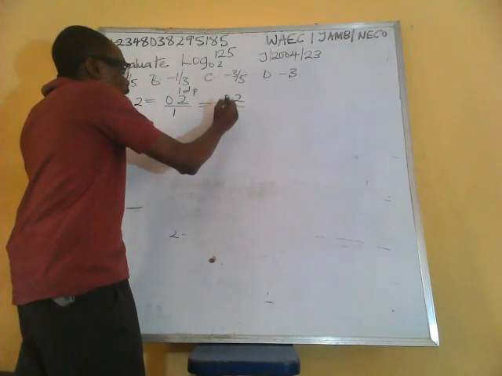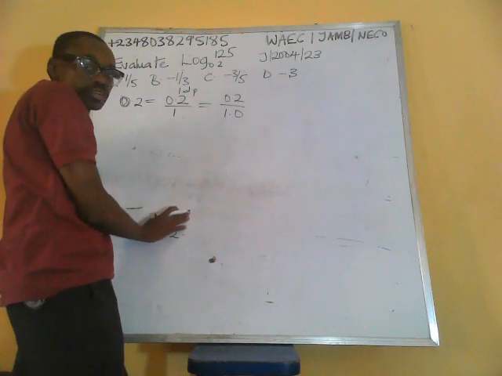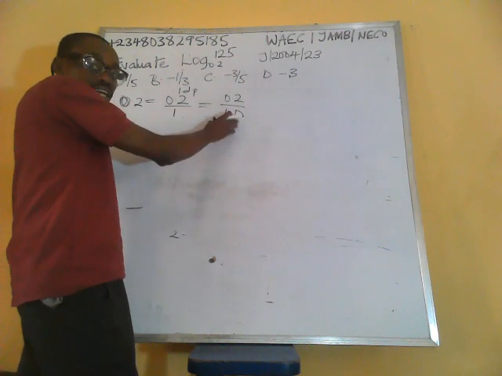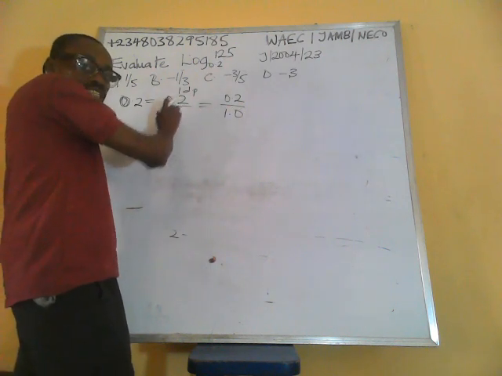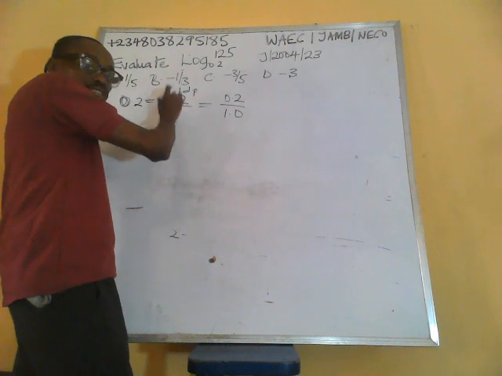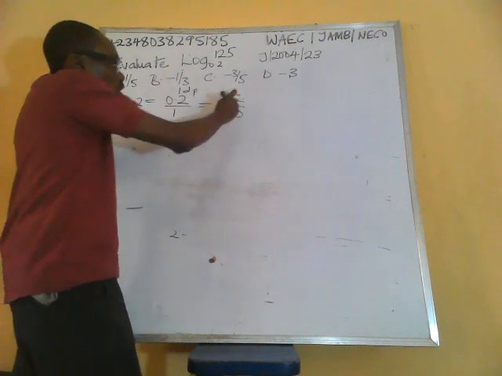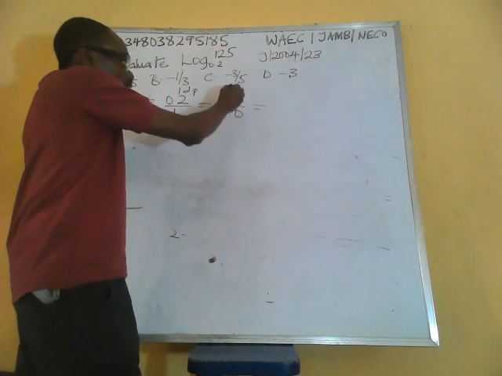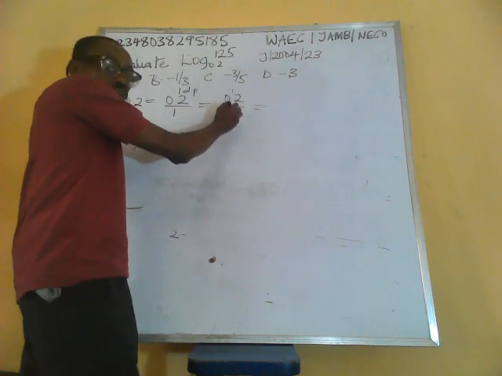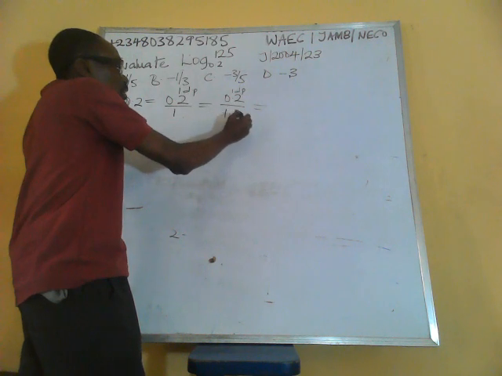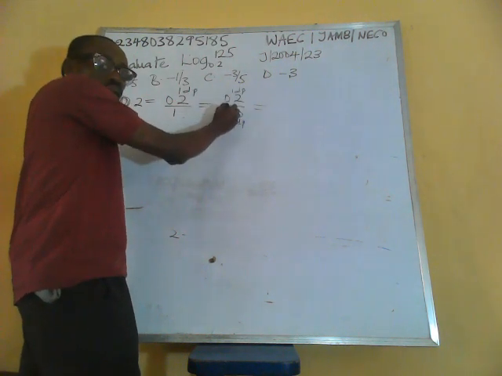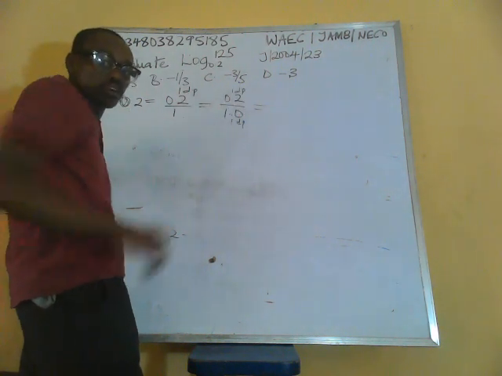So that is going to be 0.2 over 1.0. Adding 0.0 doesn't change this number. 1 and 1.0 are the same thing. Divided by 1 doesn't change the number. 0.2 divided by 1 is still 0.2. So we have one decimal place in the numerator and one decimal place in the denominator.